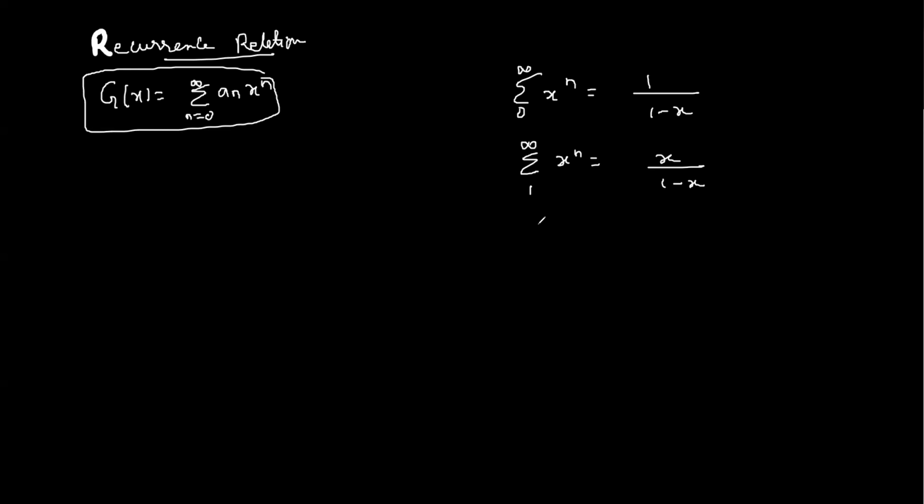Third one is, if n goes from 0 to infinity, (n plus 1) x raised to n, it is 1 upon (1 minus x) square.